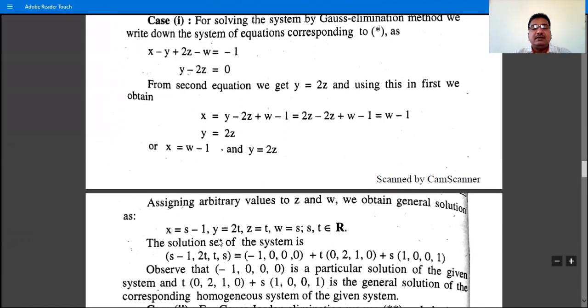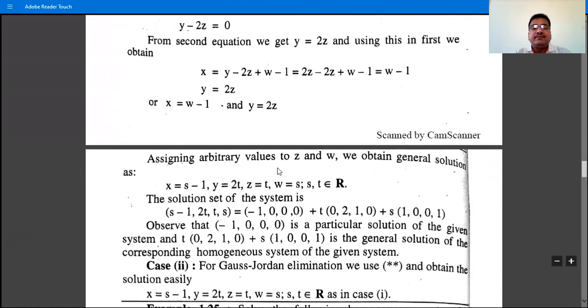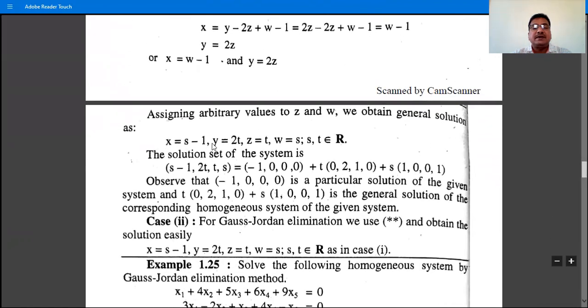The value of y is 2t, and x is s minus 1 from these 2 equations. So this is the solution: x is equal to s minus 1, y is 2t, z is t, and w is s, where s and t belong to R. And we can write the solution set in this form: (s minus 1, 2t, t, s) is equal to the constant vector (minus 1, 0, 0, 0) plus t times the vector (0, 2, 1, 0) plus s times the vector (1, 0, 0, 1).